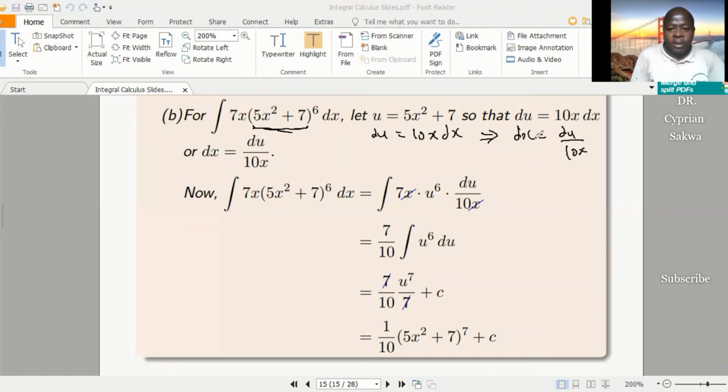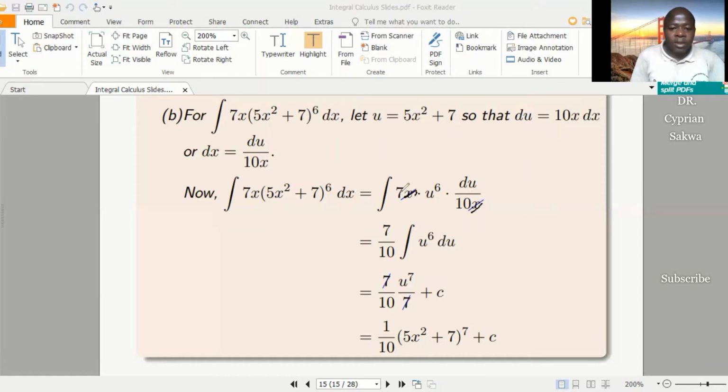So you have dx being equal to du out of 10x. Now from there we go back to our integration. This is what we were supposed to integrate. We just substitute, instead of this you write u. 7x you can see is still there, multiplied by u raised to 6 times dx. dx is du out of 10x. x will cancel with this other x.